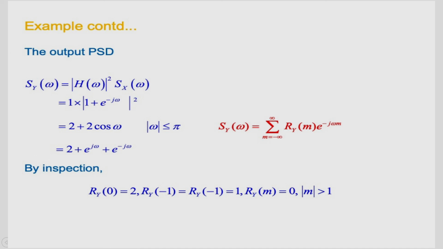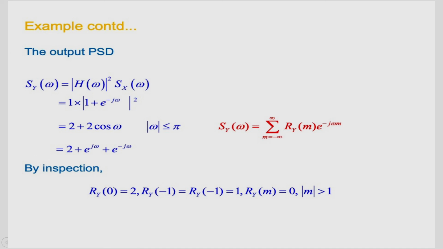And this cos omega we again write in terms of e to the power j omega plus e to the power minus j omega, so that we can now compare with the expression Sy of omega equal to the summation of Ry of m e to the power minus j omega m, going from minus infinity to plus infinity. Here we see that only 3 terms are there, corresponding to m equal to 0, m equal to minus 1 and m equal to plus 1.